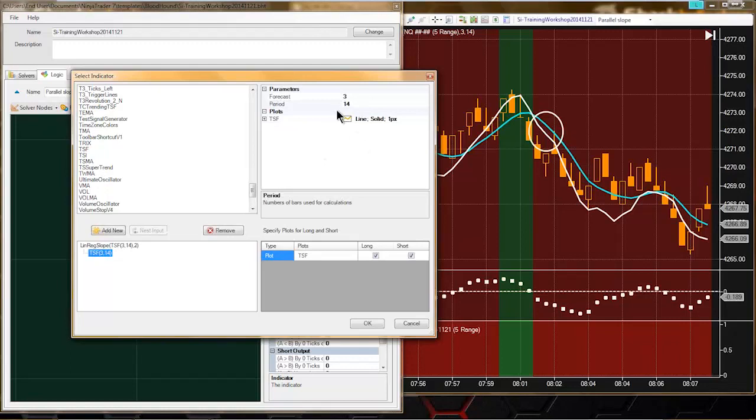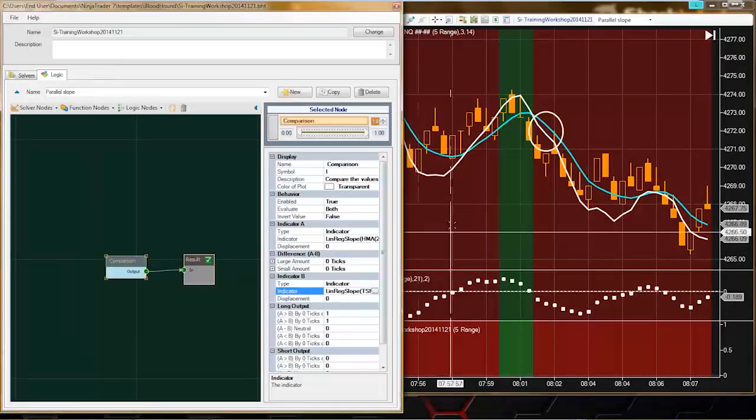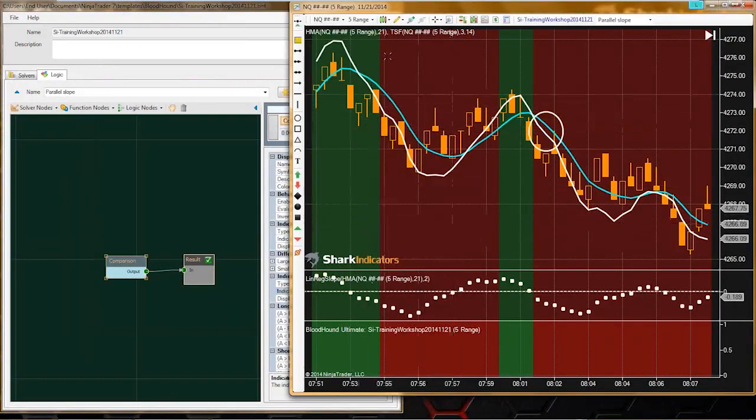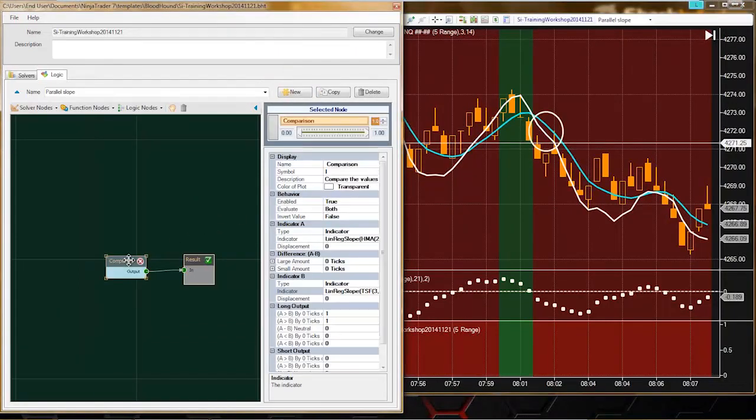I was just using the default values for the TSF as well, so I'll leave those alone. I'm just going to double check here. Yeah, 3 and 14 for the TSF. Okay, looks good.